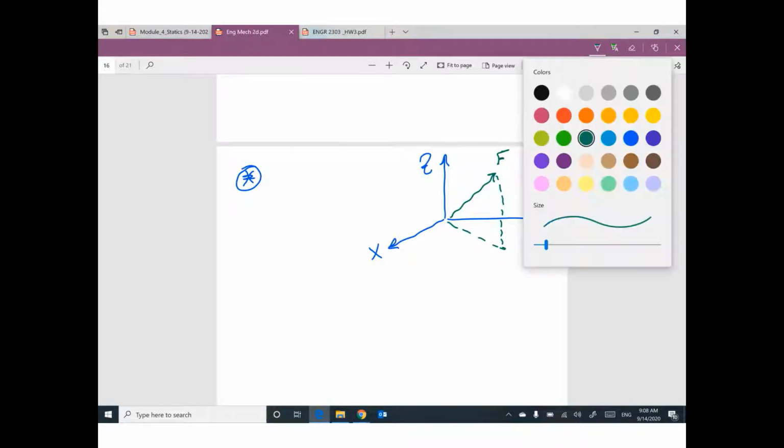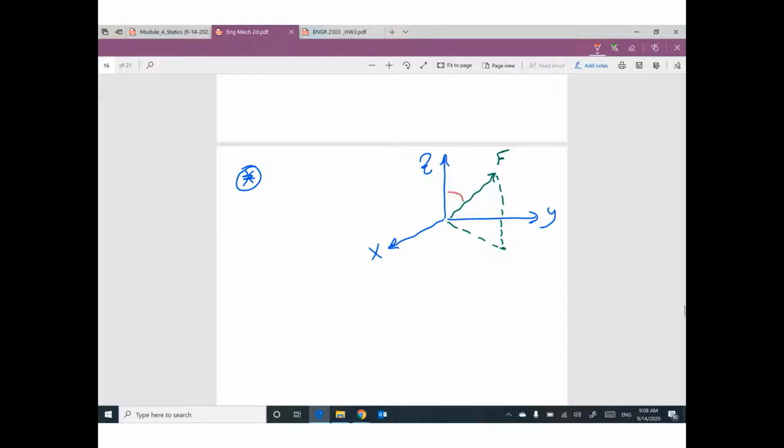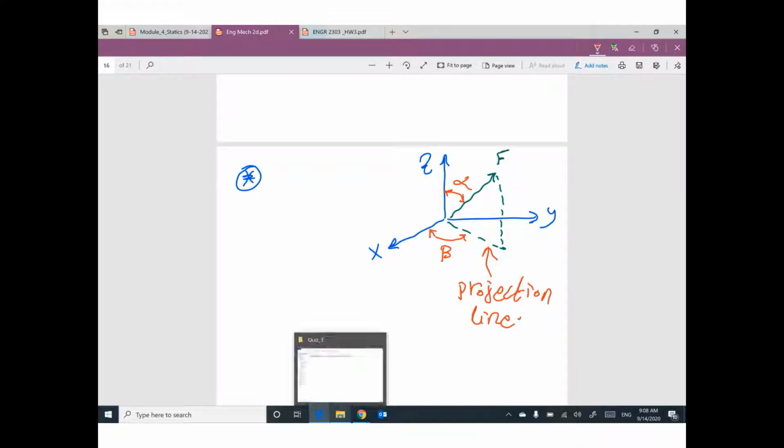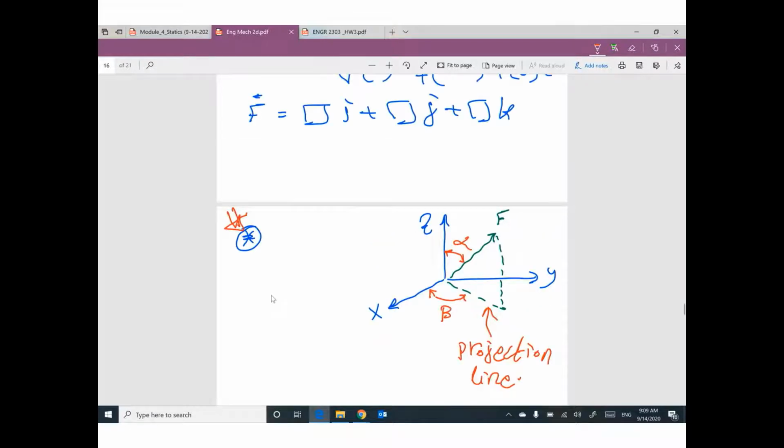So given this angle, for example, alpha, and we have another angle between the projection line and, for example, x-axis, beta. In this case, please make sure: are you in this situation or are you in this situation?